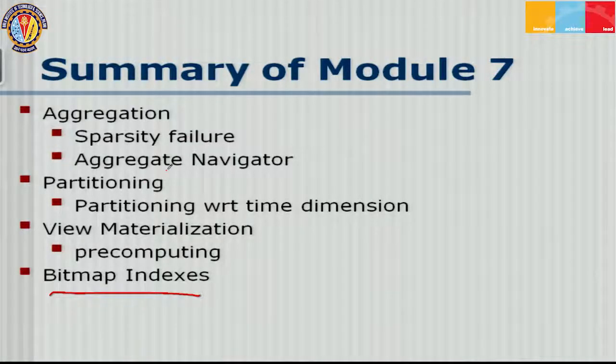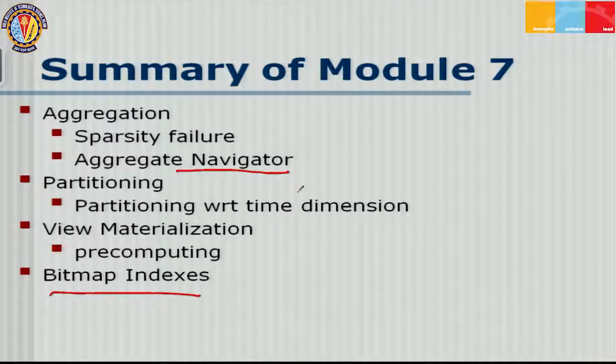It is about pre-computing aggregates, and there is a middleware aggregate navigator that is used. Then we come to partitioning, where you partition the data, mostly with respect to time, because its definition remains the same over time. It does not change.